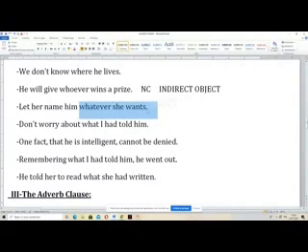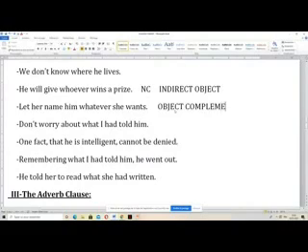Object complement. Good. So in this case it is an object complement. Why? Because we have here the verb name, and the verb name is like the verb consider.